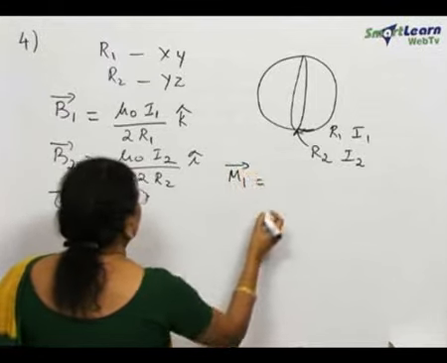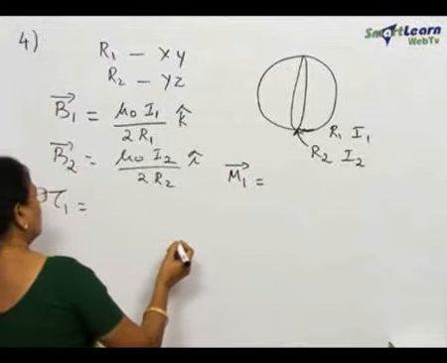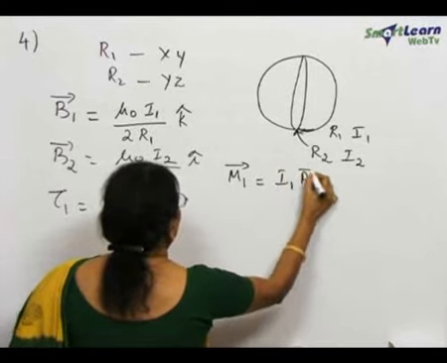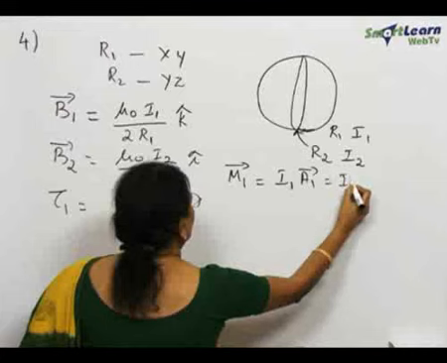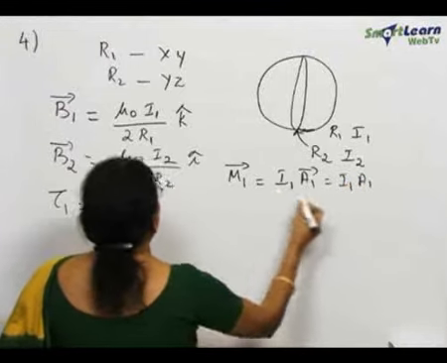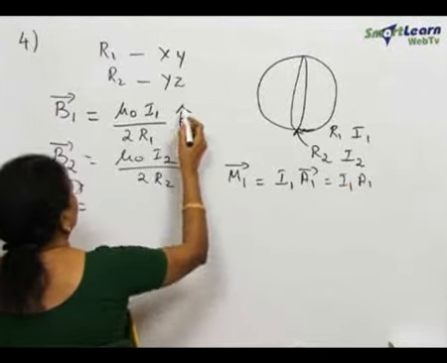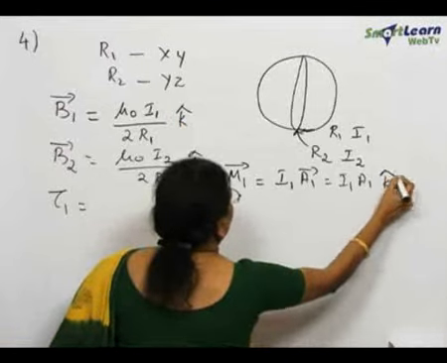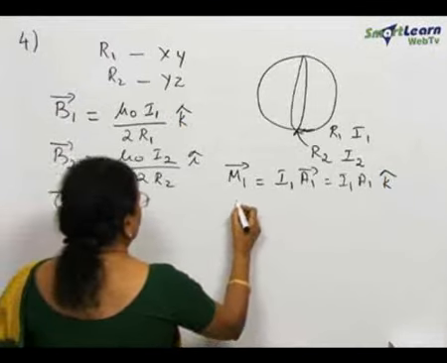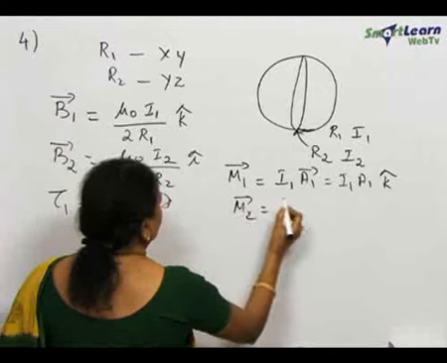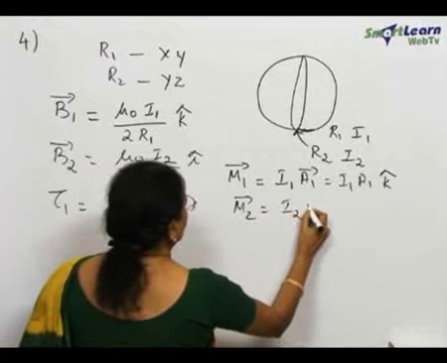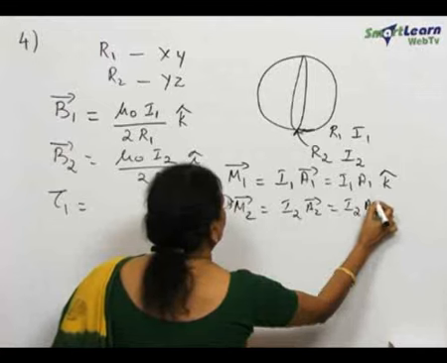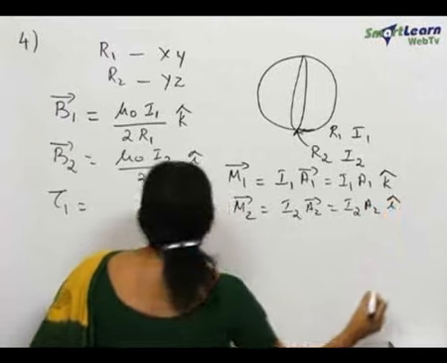M1 is the magnetic moment due to the first ring, which is I1 A1 vector, which can be written as I1 A1 K vector, because the area vector is perpendicular to the plane. Similarly, M2 will be equal to I2 A2 vector, or I2 A2 I vector.